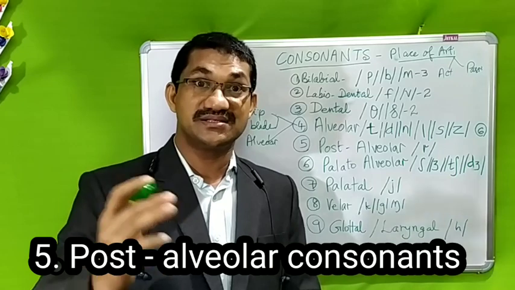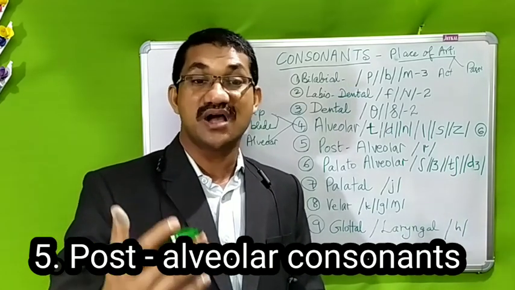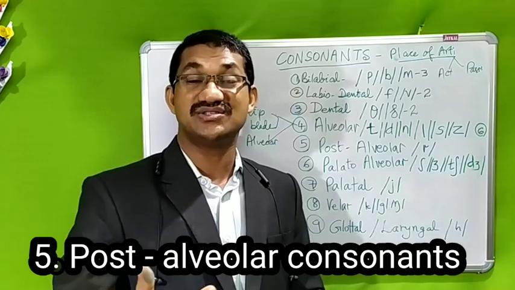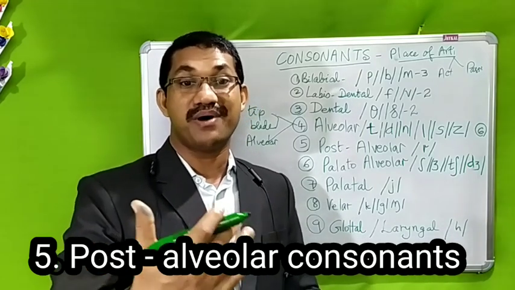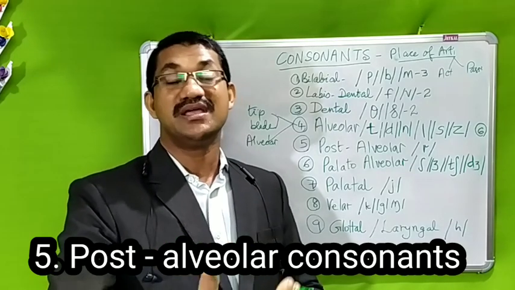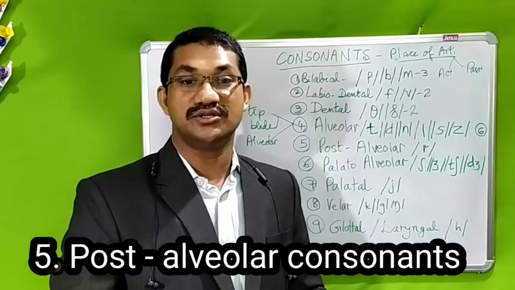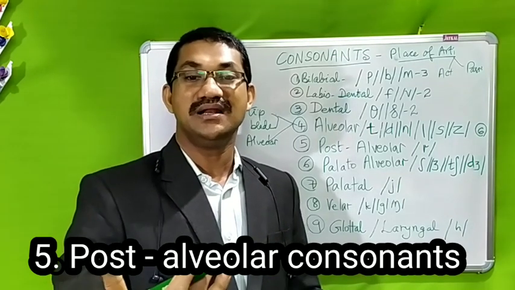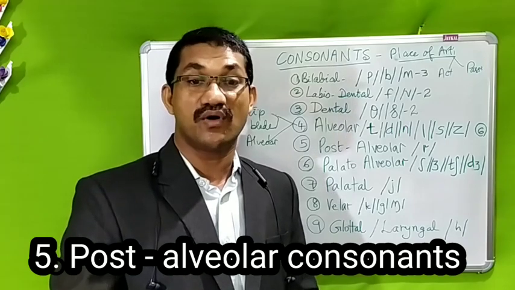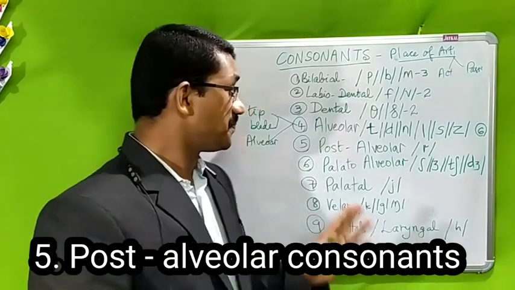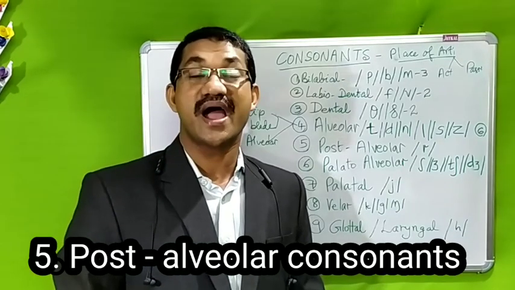Post-alveolar is a sound produced with the tip of the tongue held close to the back of the teeth ridge, that part of the roof of the mouth coming immediately after the teeth ridge. The tip of the tongue is only held close to the passive articulator, the alveolar. There is no contact, and we say sounds like river, ran.